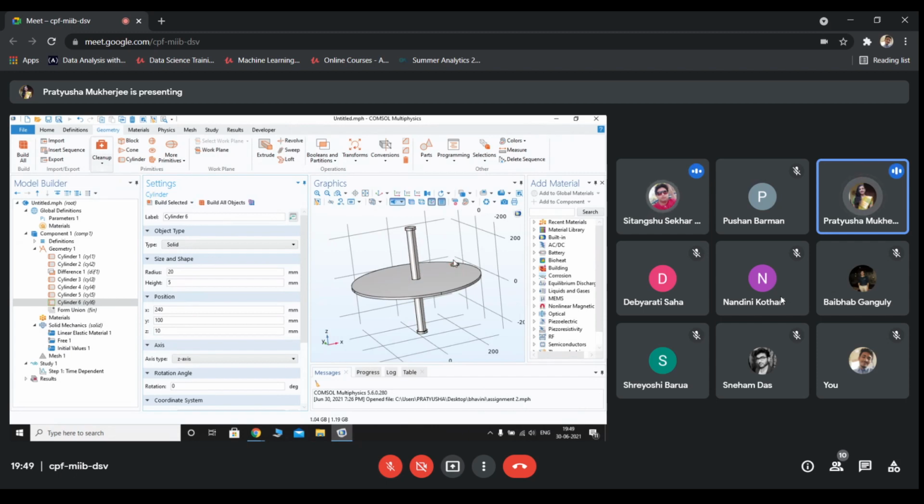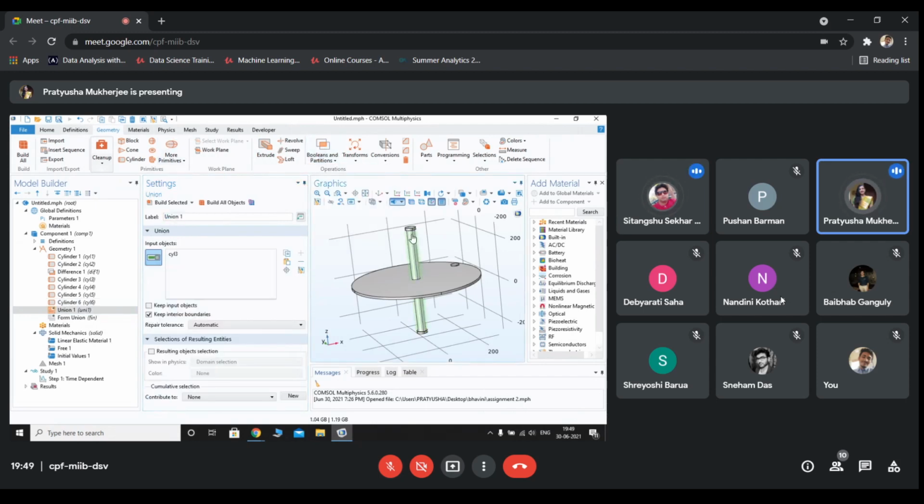This is the unbalanced mass here. Now geometry, Boolean operation, union. Select all the components. Build selected.